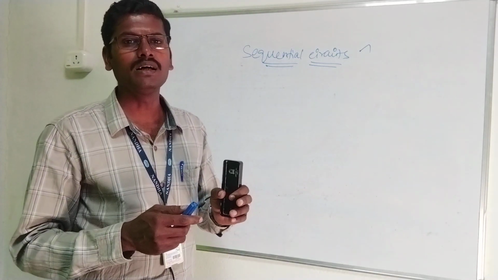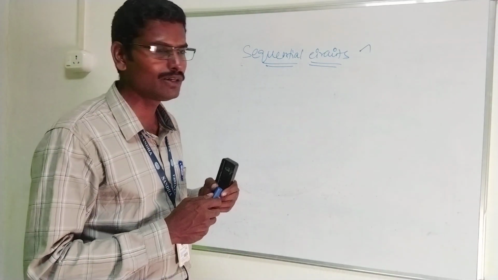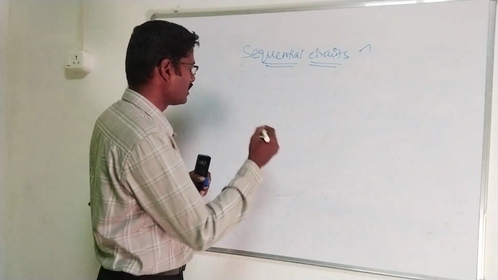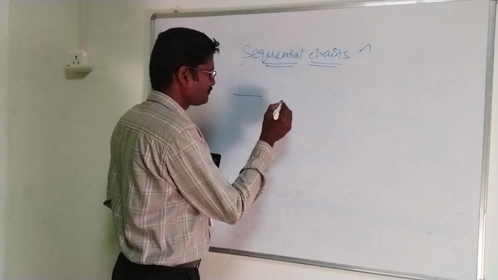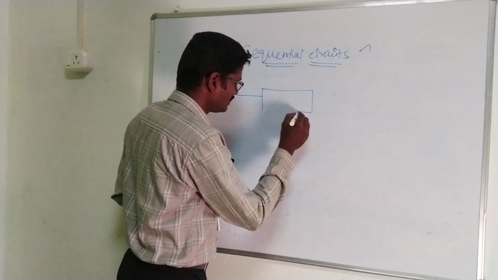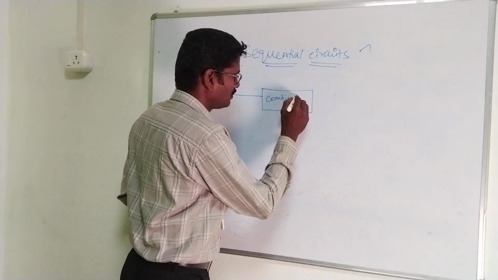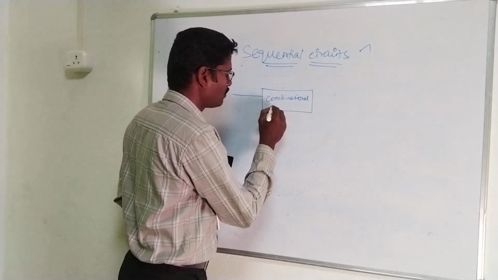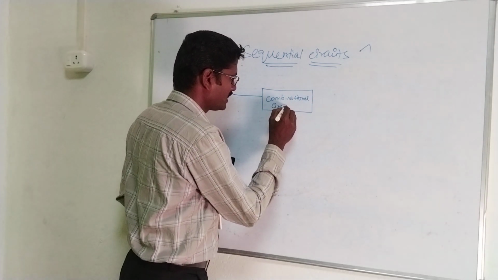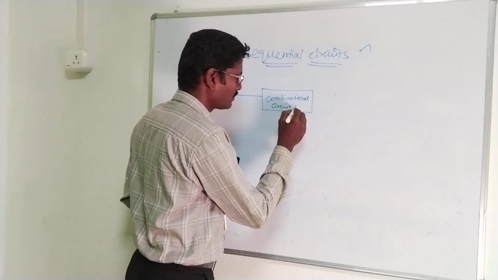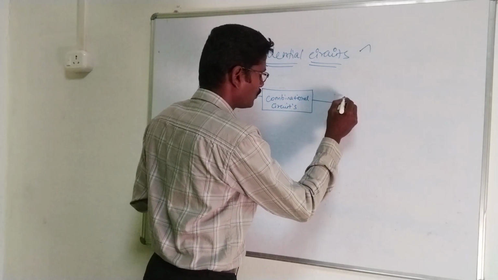The equivalent schematic of the sequential circuit can be drawn as follows. This is the input and this is the combinational circuit, which means we have only logic gates in the circuit, and this is the output.